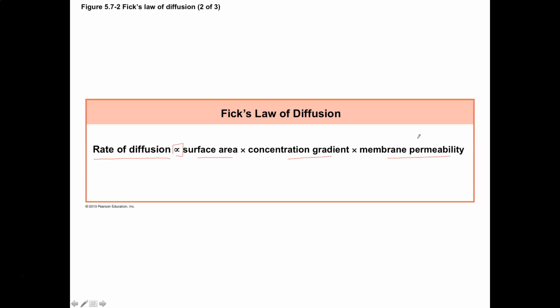So as you take a look at Fick's law, think of it in terms of rate of diffusion depending upon the permeability. So are we looking at steroids? Are we looking at lipid-soluble molecules? Are we looking at gases? Are we looking at water? Oftentimes water is an exception and it has a high permeability to plasma membranes.